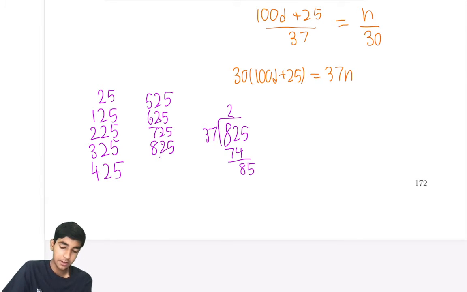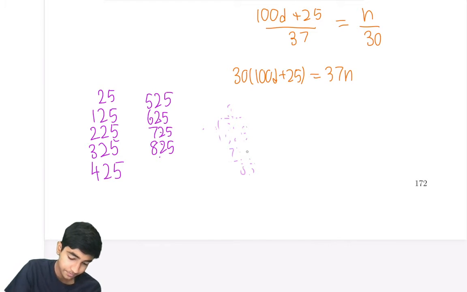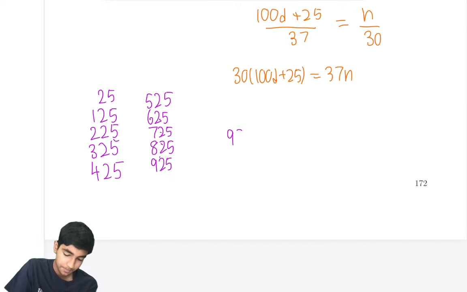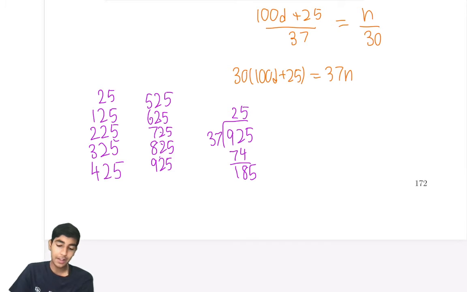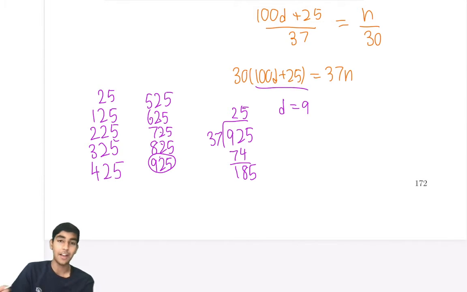No, 825 is not divisible by 37. Is 925 divisible by 37? Let's see. 925 is divisible by 37. Cool. So we can see from here that 925 works, so that means d equals 9 to make this 925.